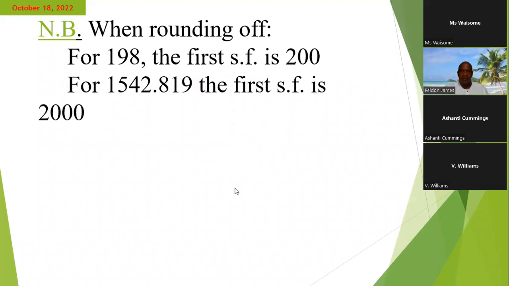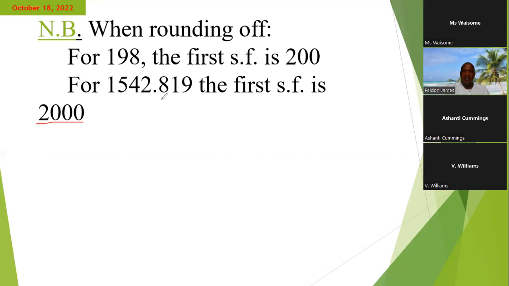All right. So here, for this other number, 152, you're rounding off to the first significant figure. Now, if you're rounding off this number to the first significant figure, you get 2,000, right?